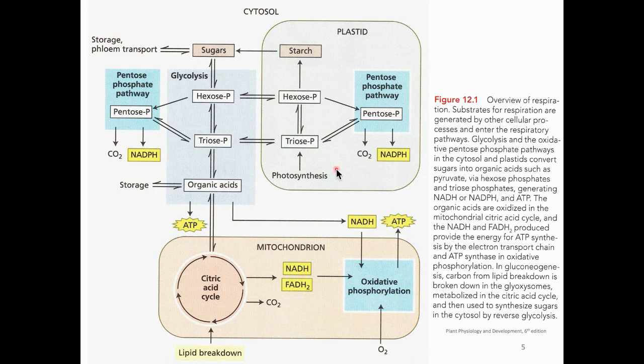Alright. If you link photosynthesis into this picture, photosynthesis generates glyceraldehyde 3-phosphate, which is the 3-carbon sugar containing phosphate. We call it triose. Triose can also be a substrate for glycolysis, and can enter the pentose phosphate pathway to make NADPH, and you also get carbon dioxide as a product.